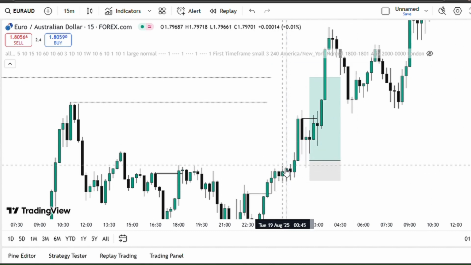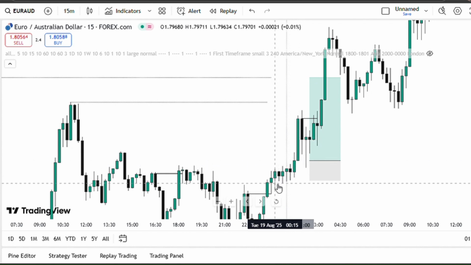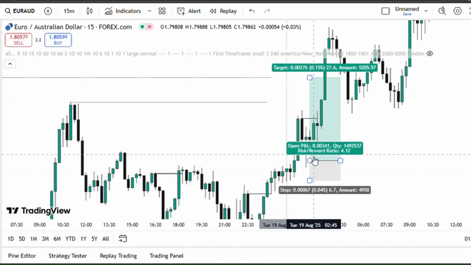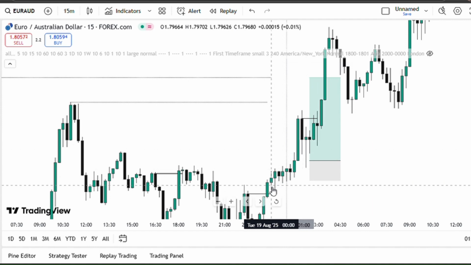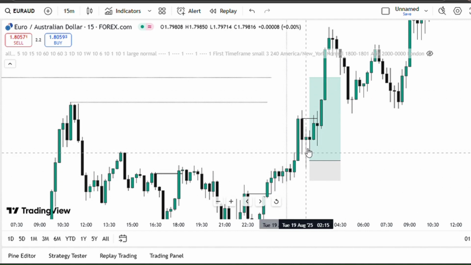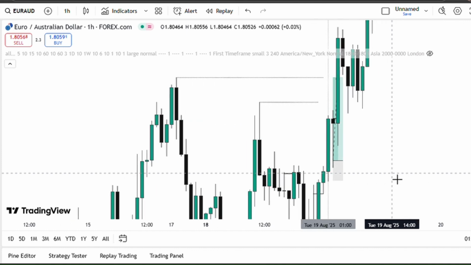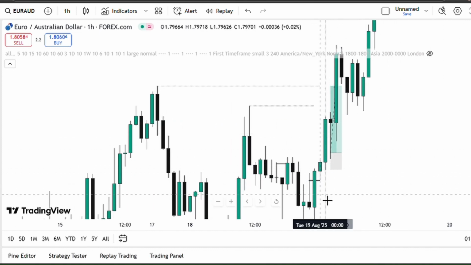So I positioned myself at where the fair value gap was, because I want this expansion candle to do two things: to tag a 15-minute FVG or to raid a swing, because I expect it to be a bullish expansion candle, to raid a swing low, right? Or on the 1 hour time frame, I want it to raid a previous 1 hour low, which we didn't get. You get it?